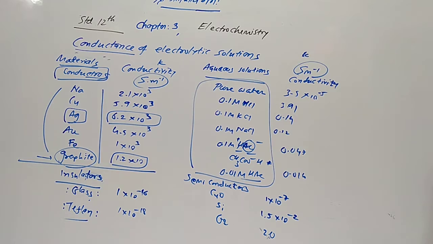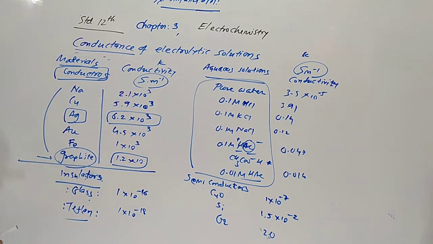Now with the help of this table we can say that the magnitude of conductivity varies a great deal and depends on the nature of the material.